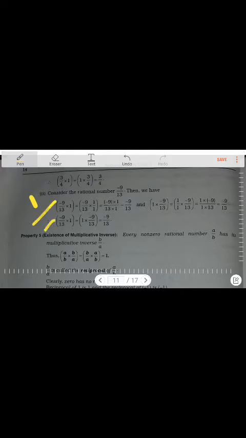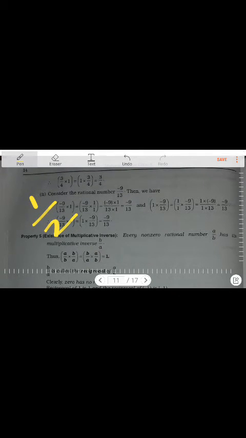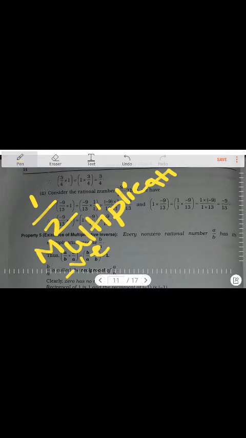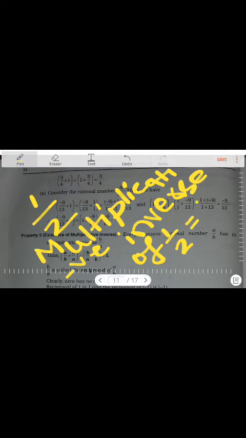If it is 1 by 2, then the multiplicative inverse of 1 by 2 is equal to 2 by 1.